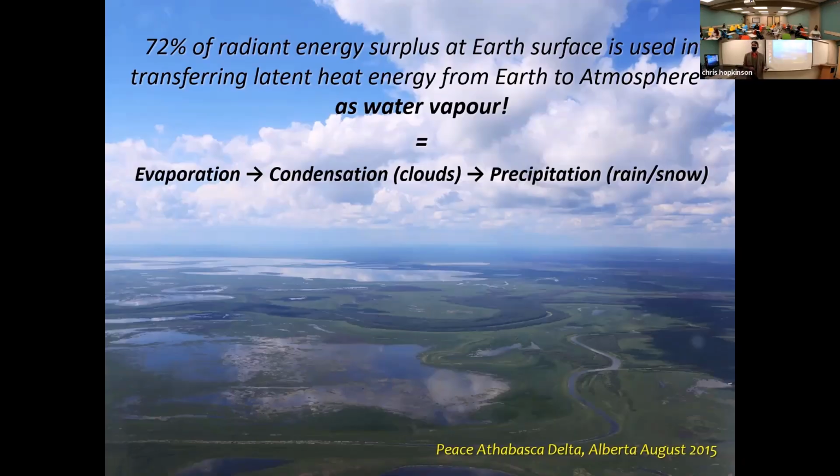The other 72% is actually used in latent heat transfer to convert liquid moisture on the Earth's surface into water vapor in the atmosphere. And so therefore, by doing that, that's how solar energy moves moisture into the atmosphere and then allows it to be distributed around the globe.